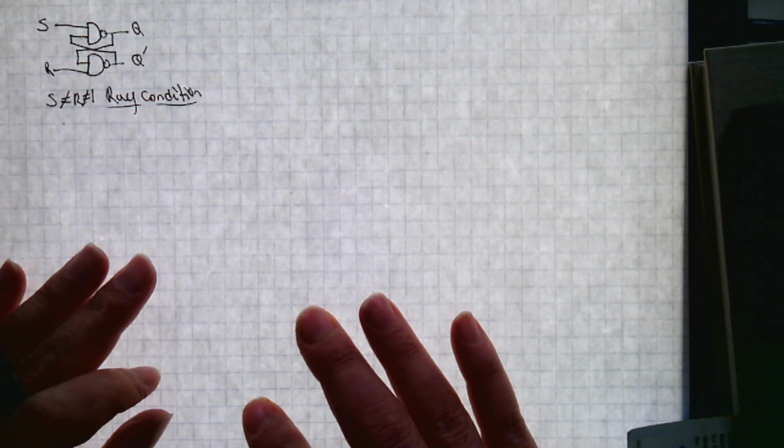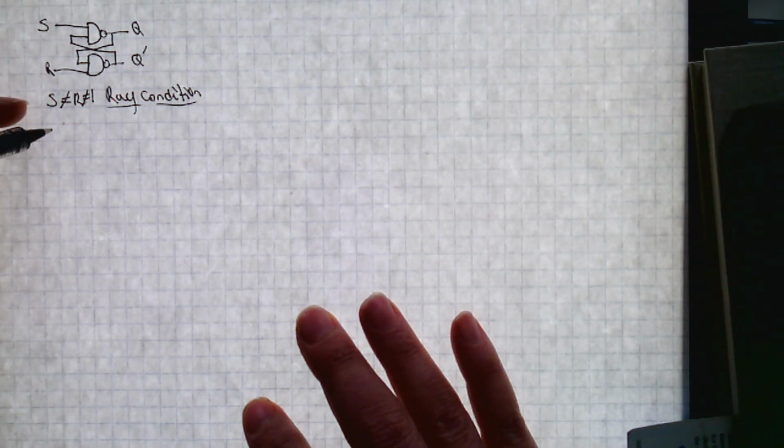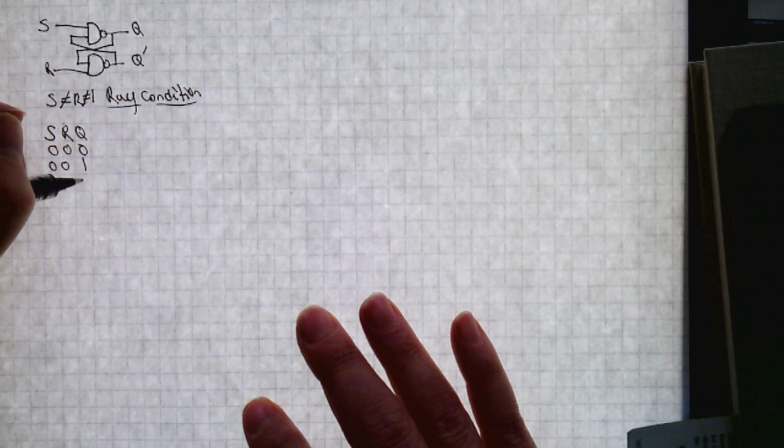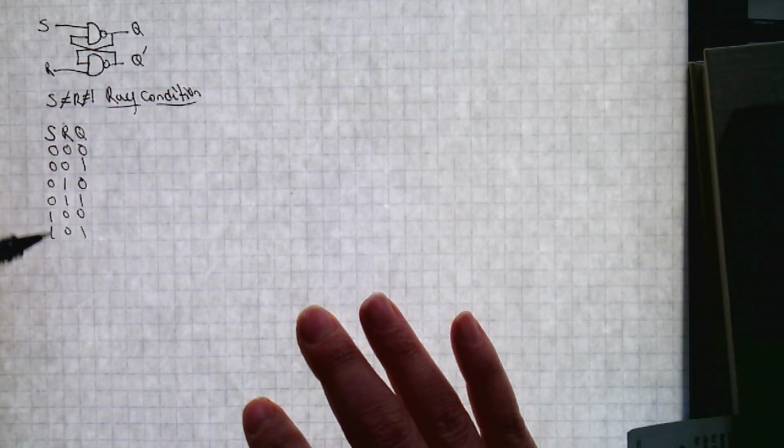What you can do is write down the inputs S, R, and Q with all possible inputs and present states: 0, 0, 0; 0, 0, 1; 0, 1, 0; 0, 1, 1; 1, 0, 0; 1, 0, 1; 1, 1, 0; 1, 1, 1.